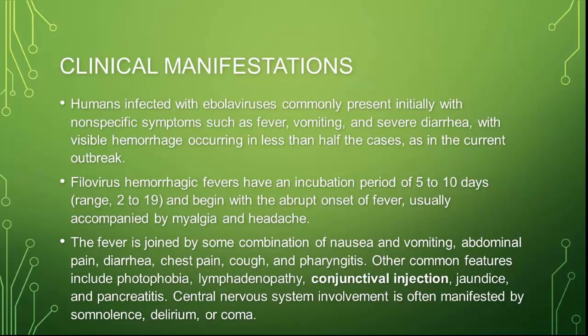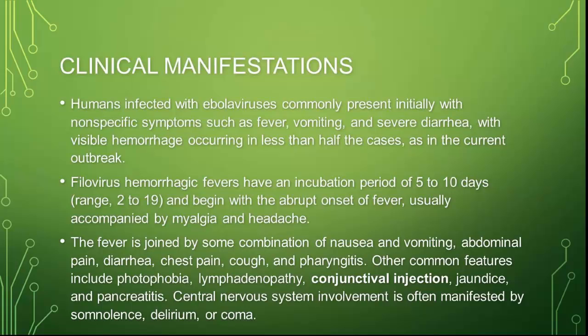So the clinical manifestations commonly present with non-specific symptoms such as fever, vomiting, and severe diarrhea, with visible hemorrhage occurring in less than half of the cases, as in the current outbreak. Again, not all the cases have hemorrhagic fever. You will see this in about 50% of the cases. But from all the sources of information I read, in the current outbreak most of the patients had vomiting and severe diarrhea.